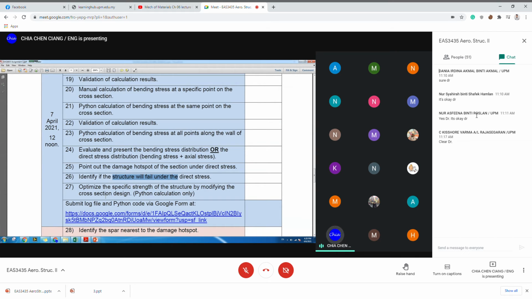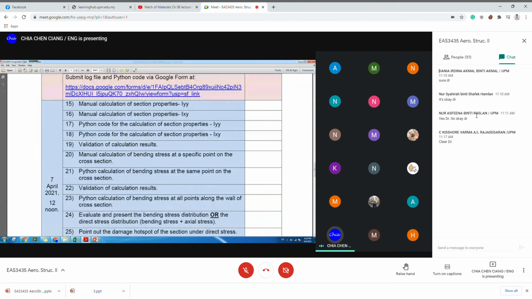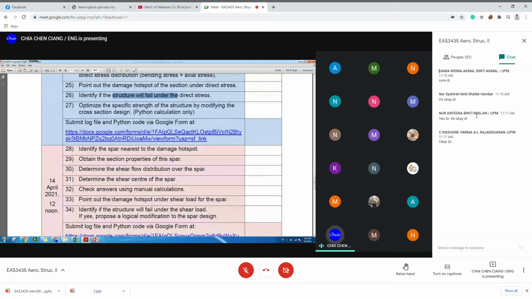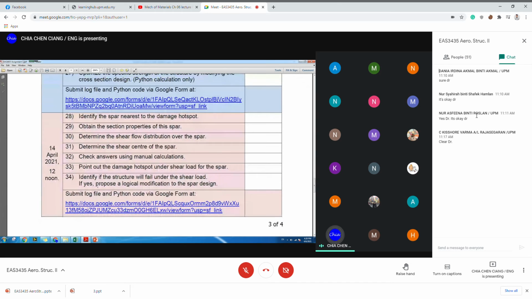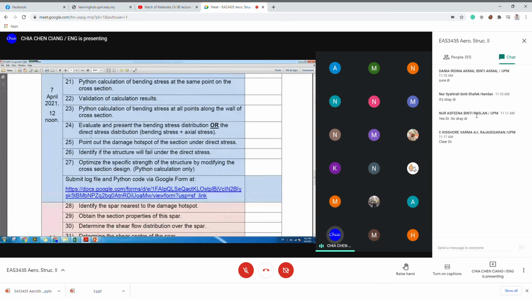I want to ask you whether you can do a Python code that is easy for you to change. Because if you check this assignment later, you need to have the bending stress distribution or the direct stress distribution.